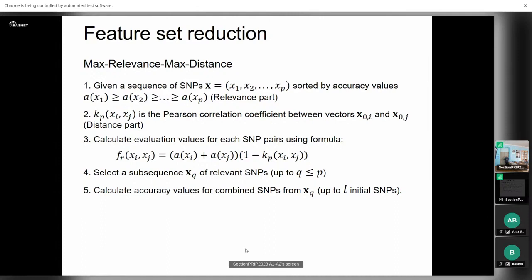In this case, we use the Pearson correlation coefficient, and in the third step, we calculate an evaluation value for each SNP pair using this formula, and then select the subsets XQ of relevant SNPs, and then calculate the accuracy value of the data set.